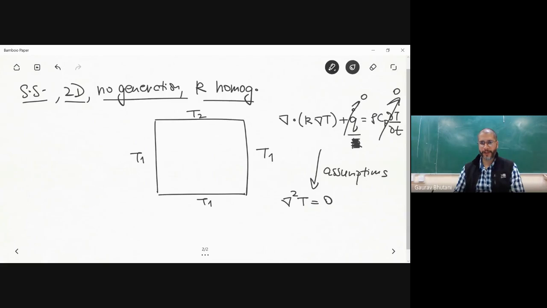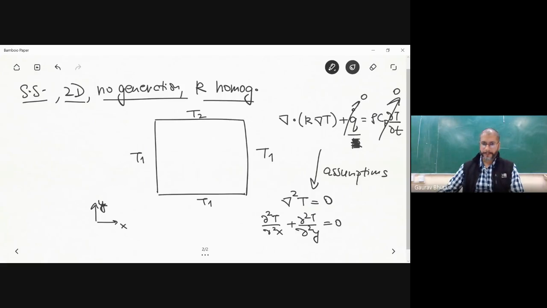When we write the Laplacian of T in a Cartesian coordinate system in 2D, remember our axes are x and y, it becomes simply the second partial of temperature with respect to x plus the second partial of temperature with respect to y is equal to 0. So that's the equation we have to solve. It's a simple 2D Laplace's equation.